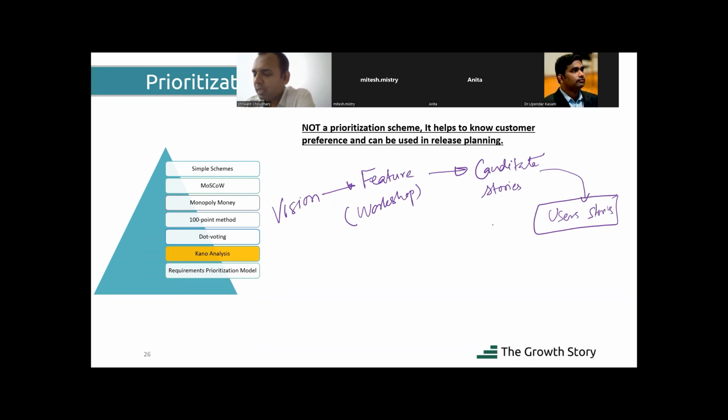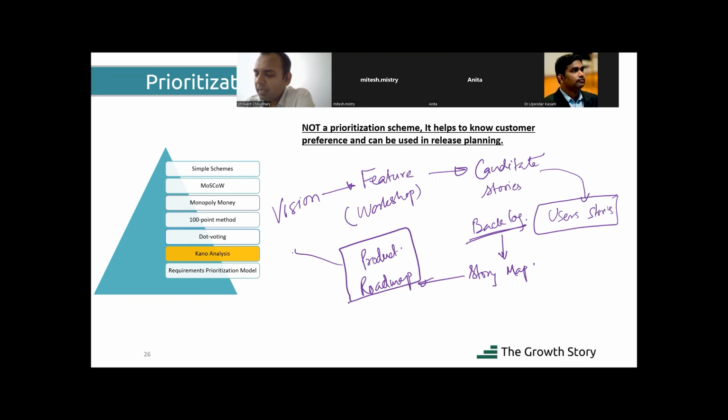This gives us the backlog. This backlog is used to create the story map. And this story map is used to create the roadmap. What is the product roadmap?